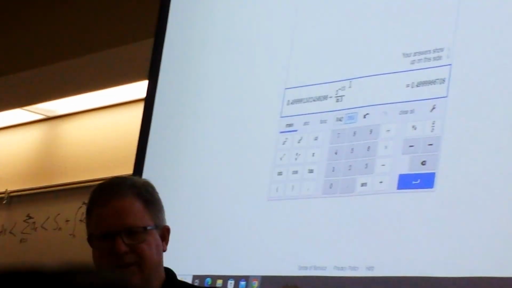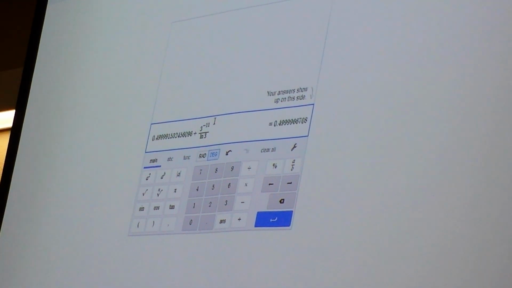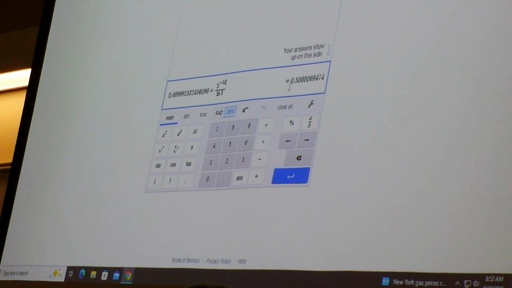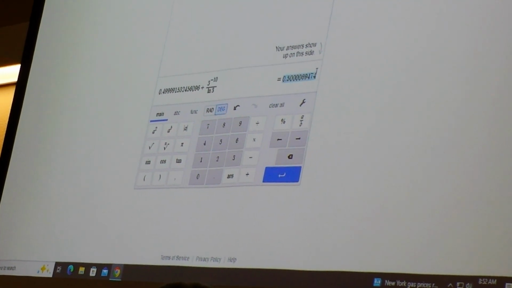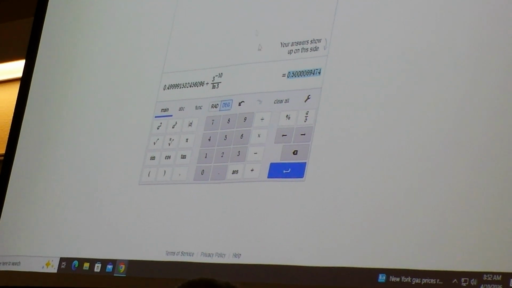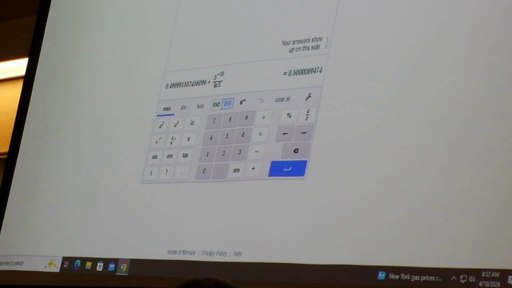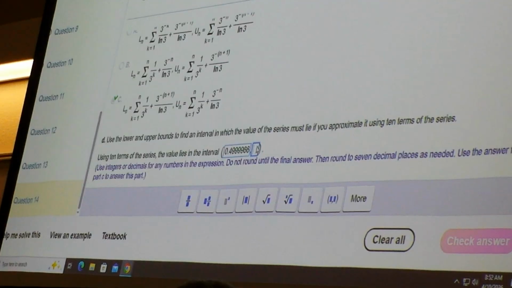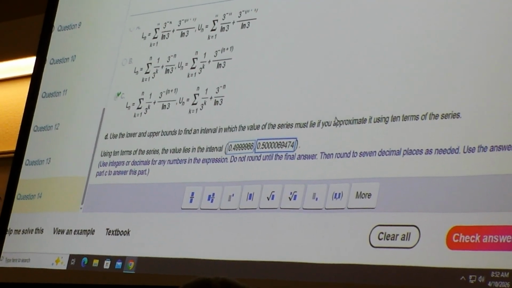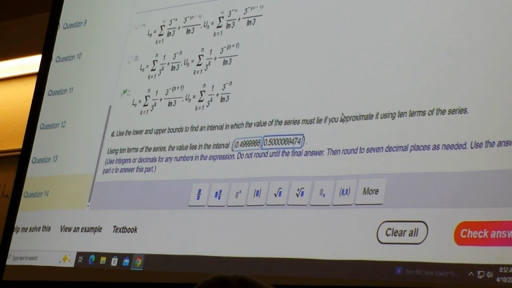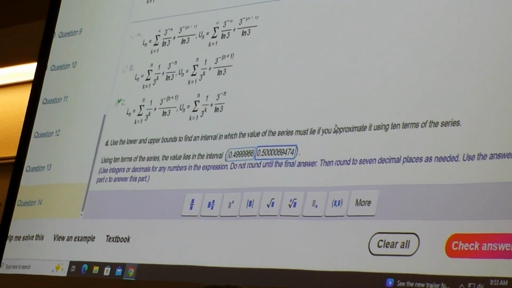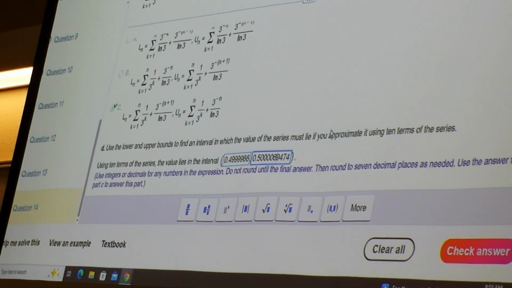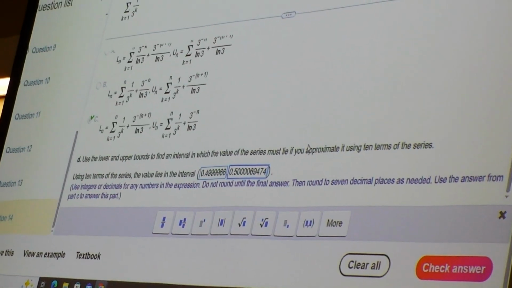So switch that 11 to a 10. Copy and paste this, Control C, Control V. Again, we have 1, 2, 3, 4, 5, 6, 7, 8, 9, 10 decimal places, so we're going to take off 3.